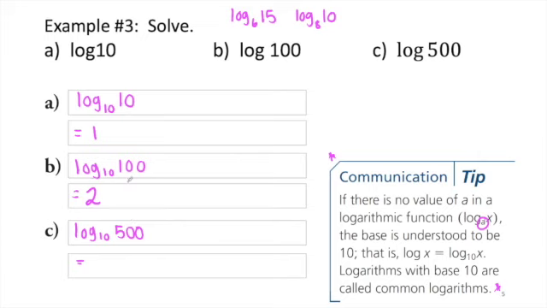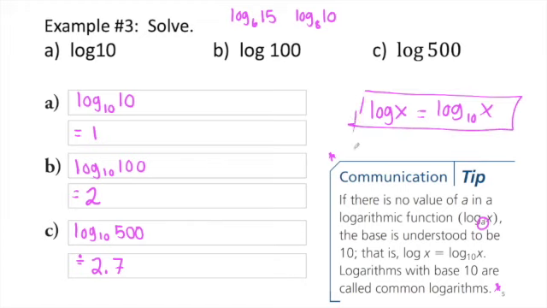You're getting a little more than halfway in between, so you get approximately 2.7. So the big thing here is that any log x is understood to be log base 10 of x. Just keep that in mind. That's your key learning from this slide.